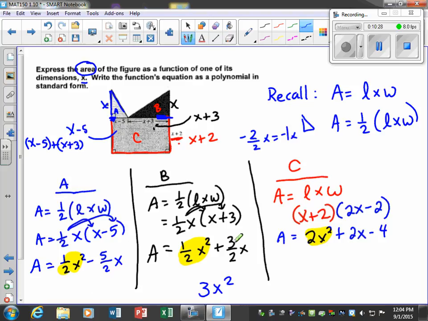If this is negative 1x and I add it to 2x, we just have positive x. I've used this and I've used this. What do we have left? Minus 4. So we would say area as a function of x is equal to this polynomial.